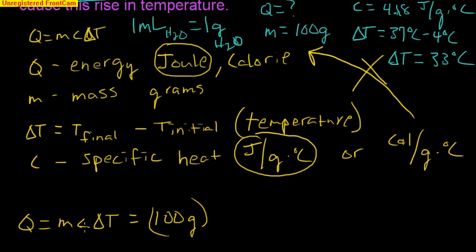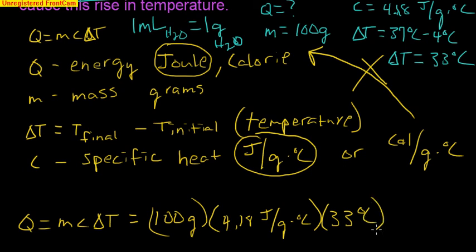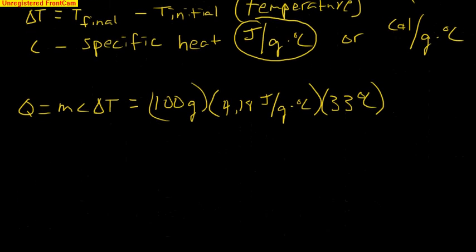The next one was the C, the specific heat of water, which was 4.18 joules per gram times degrees Celsius. And then the last one we had was delta T, and we calculated our delta T to be 33 degrees Celsius. So now, once you have this, all you have to do is simply multiply everything together.